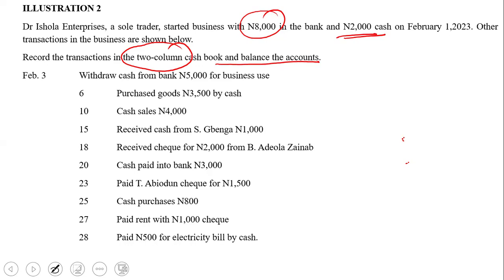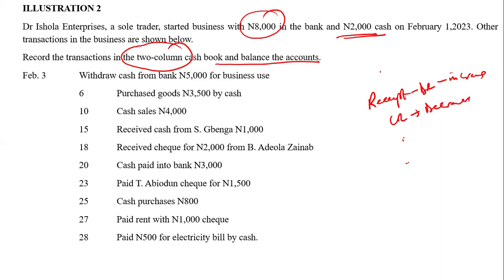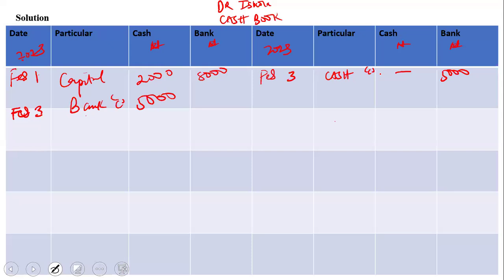Let's quickly remind ourselves of what we are doing. When there's a receipt, we debit, where we say there's an increase, and then we credit when there's a decrease, because our cash is an asset. So payment now, it means we move to the other side.